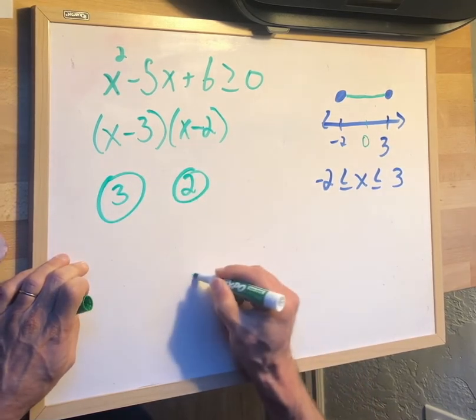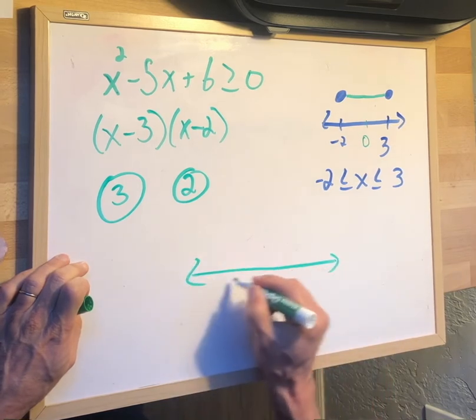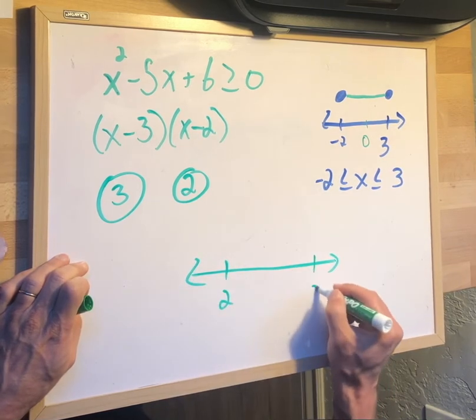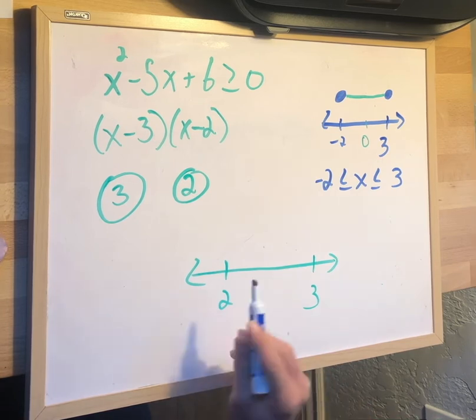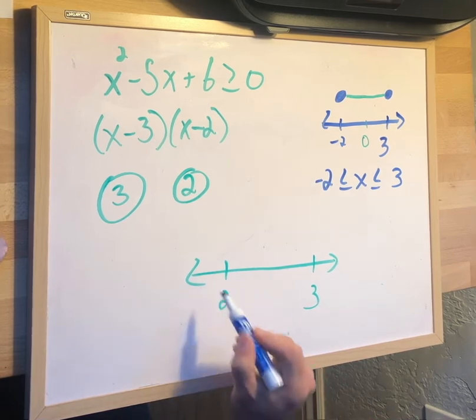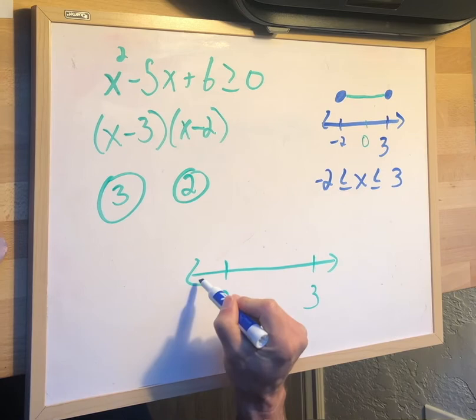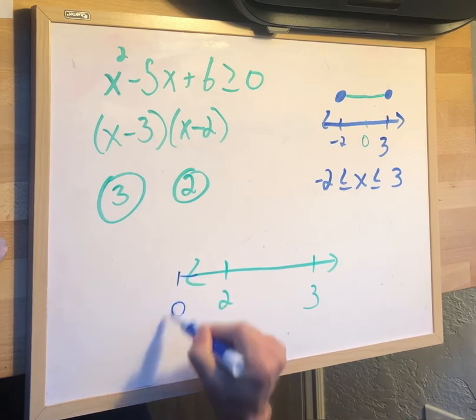So on my graph, here's 2, here's 3. We have to choose a data point that's in the middle of it. Let's do 0 here.